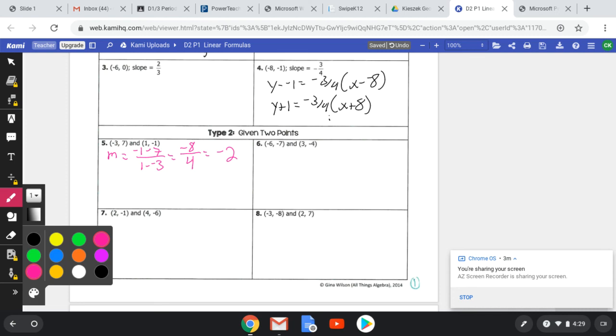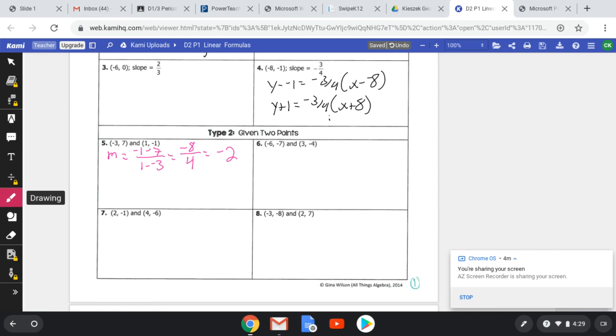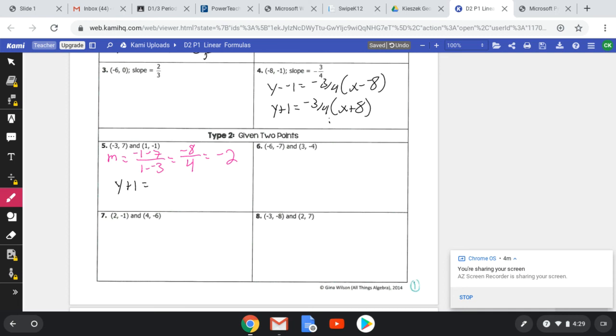And now what's nice here is it doesn't matter which point you pick because both of them will satisfy your equation. Me personally, I'm going to pick the 1, negative 1. So my point slope formula would be y plus 1, because it's minus negative 1, equals negative 2 times the quantity x minus 1.